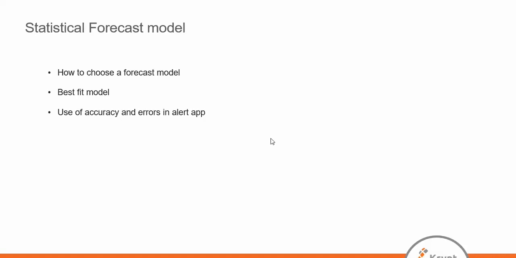So we'll be going through some of the questions, such as how to choose a forecast model. Now this is a very important process for a demand planner or a forecaster. With an increasing number of complexity over the years, many forecasting techniques have been developed, and each forecasting technique has a unique application.